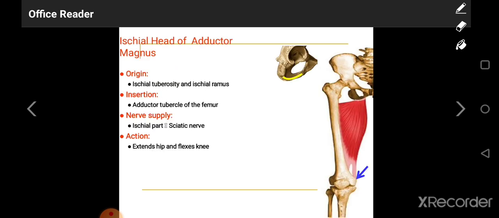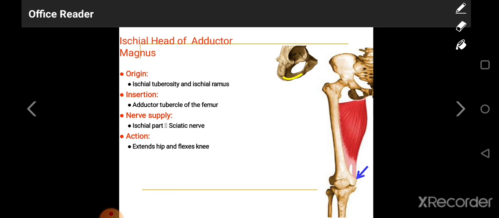First is ischial head of adductor magnus muscle. This muscle takes its origin from ischial tuberosity and ischial ramus. In the diagram, we can see the origin of adductor magnus from ischial tuberosity and ischial ramus. It is highlighted with yellow color. Insertion is on the adductor tubercle.